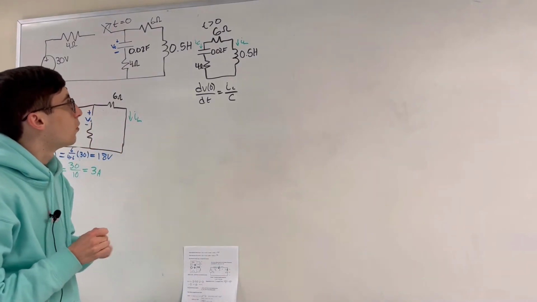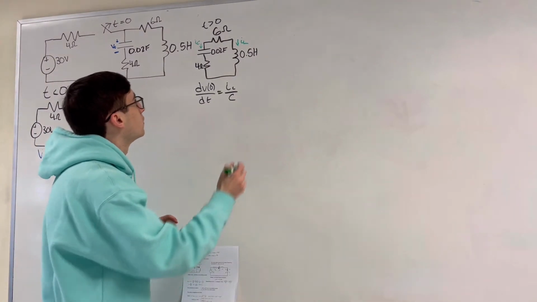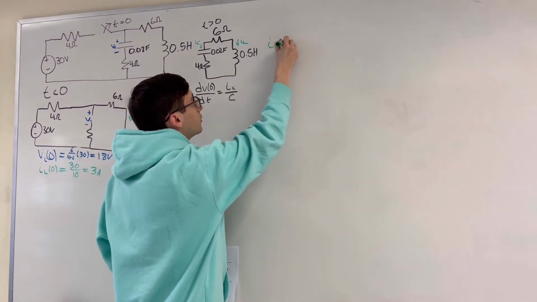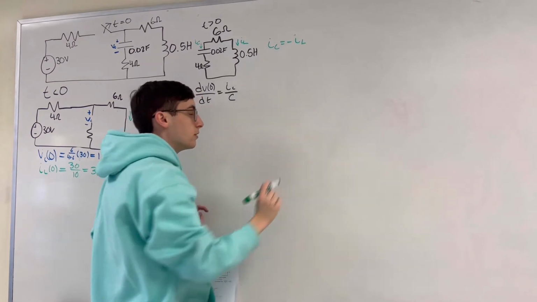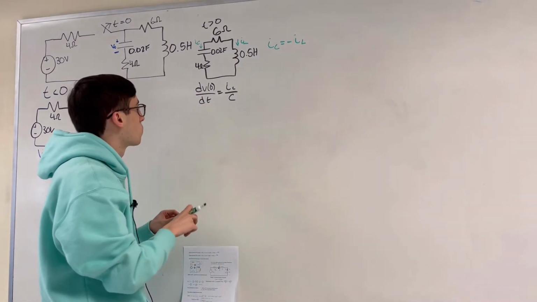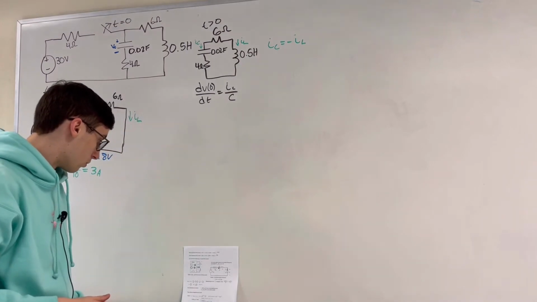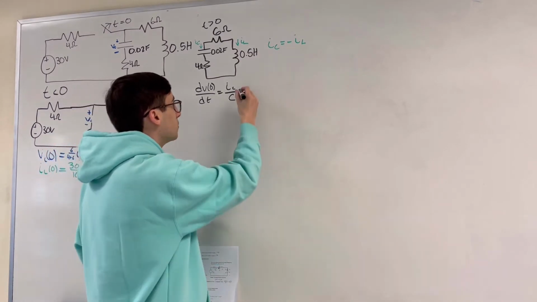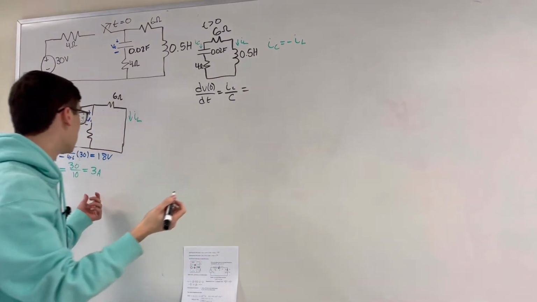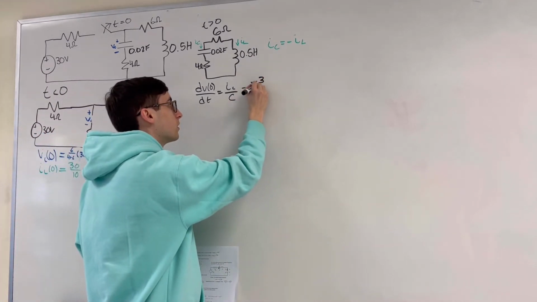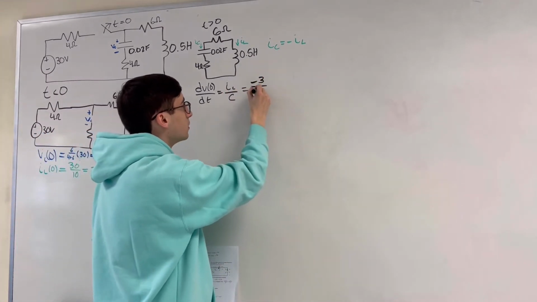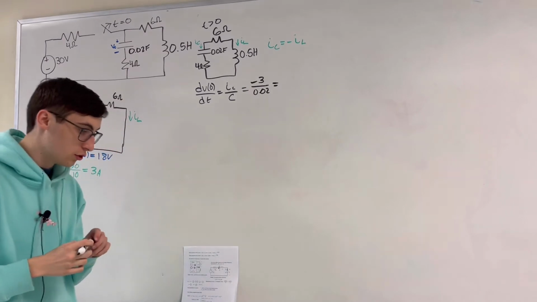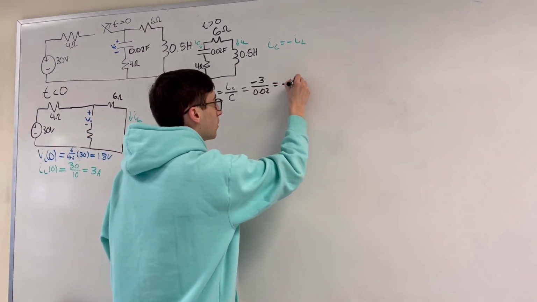Since these are the only two currents inside this loop, IC is just equal to negative IL, since they're going in different directions. So our final initial condition is negative IL, which we already figured out was 3, so negative 3 amps, over the capacitance, which is 0.02 farads. This is equal to negative 150 volts.